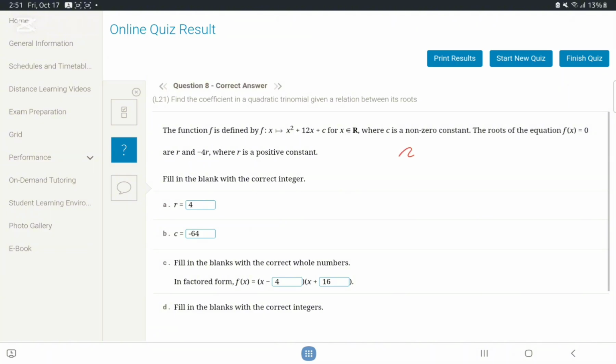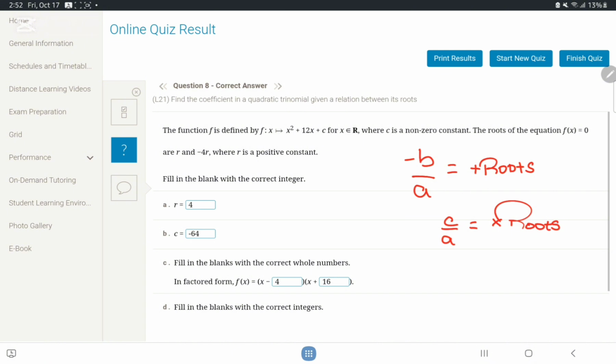One of them being that negative b over a in a quadratic equation is equal to the sum of the roots, and c over a in the quadratic equation is equal to the product of the roots.